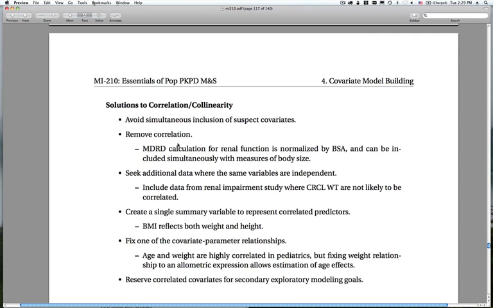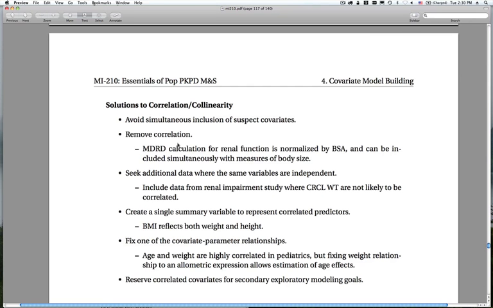Another possibility is to seek additional data where the same variables are independent. So, for example, if you're interested in renal impairment, maybe study renal impairment to severe levels where now creatinine clearance and weight are not correlated.